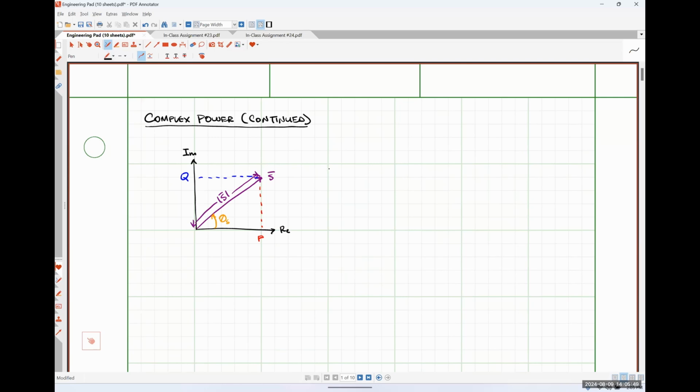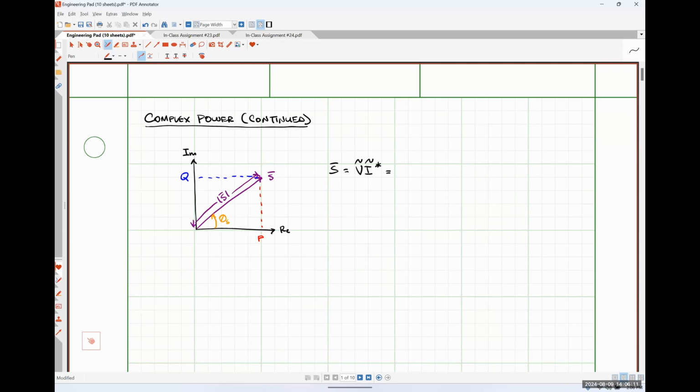So these relationships are summarized mathematically as S is equal to the RMS phasor voltage V multiplied by the complex conjugate of the RMS phasor current I. That is our fundamental relationship for complex power.